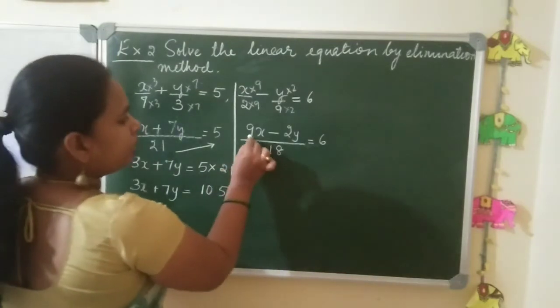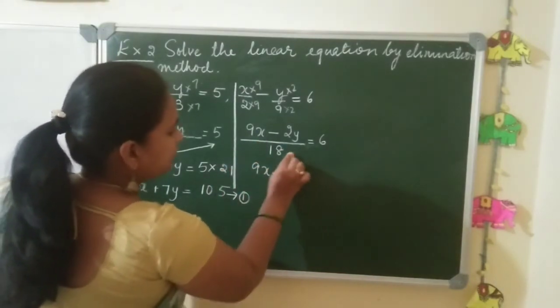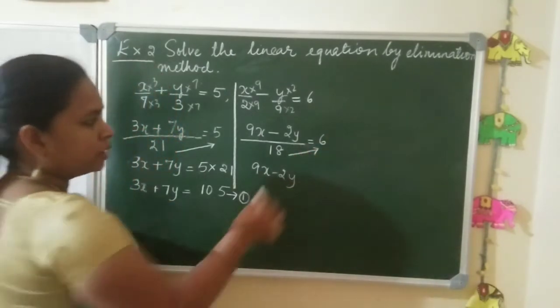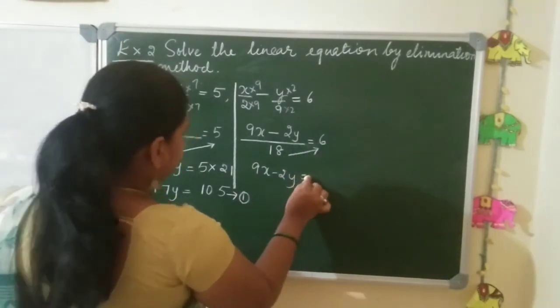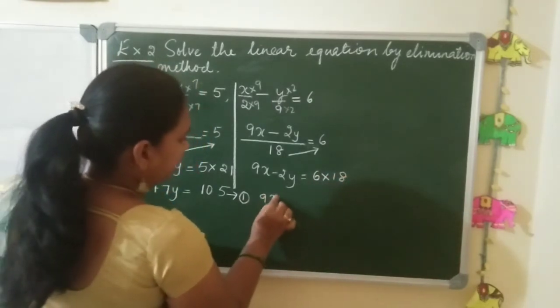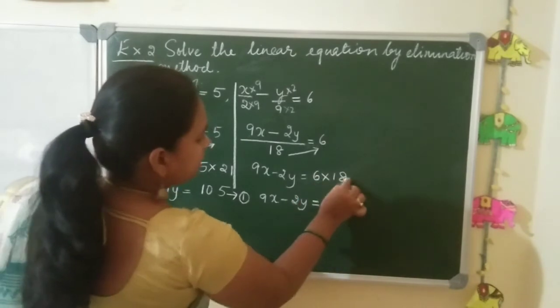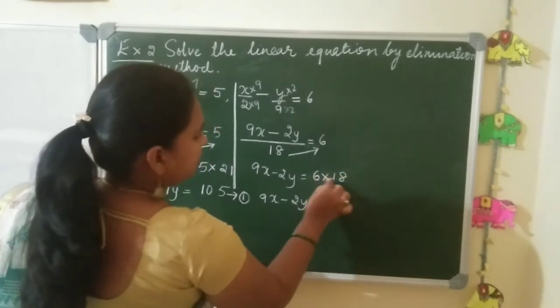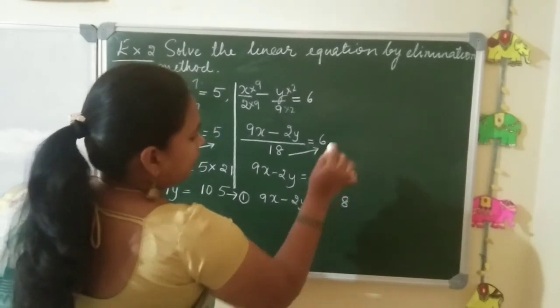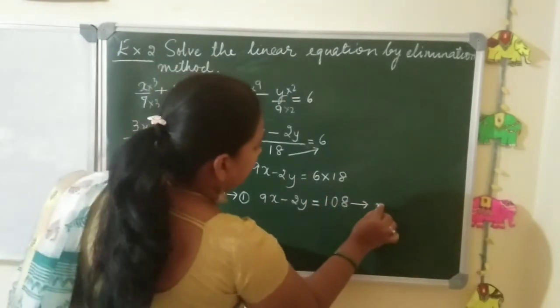So now it will be 9x minus 2y, and send this 18 to the other side. So it is 6 into 18. So it will be 9x minus 2y equals 6 8s are 48, 6 1s are 6. So here it will be 108. So this is the second equation.